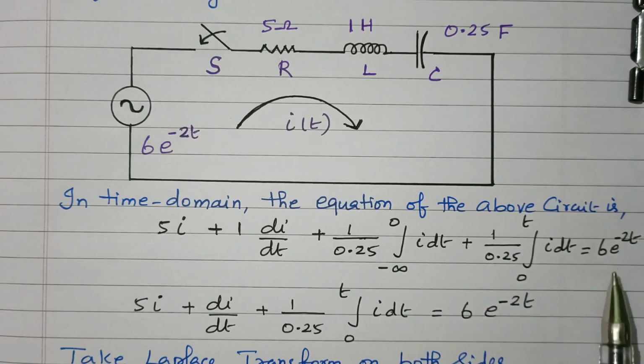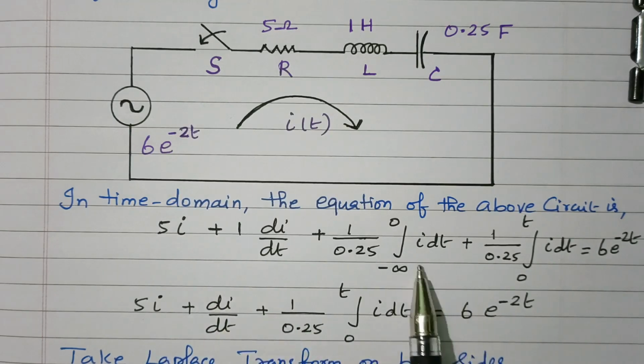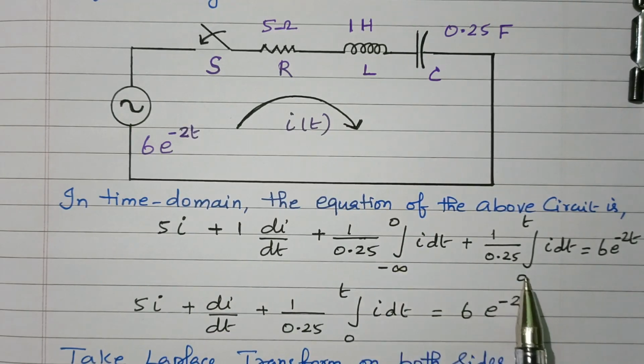So this is the applied voltage, right? The initial value of charge is 0, even in the problem itself. This is the voltage drop across the capacitor at time t equal to 0, so this term becomes 0.